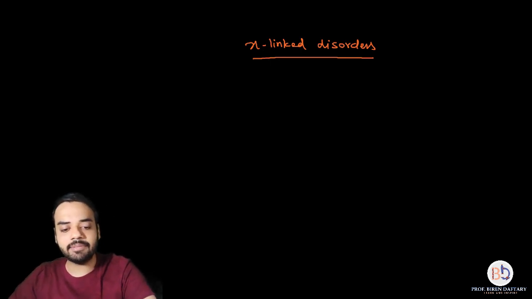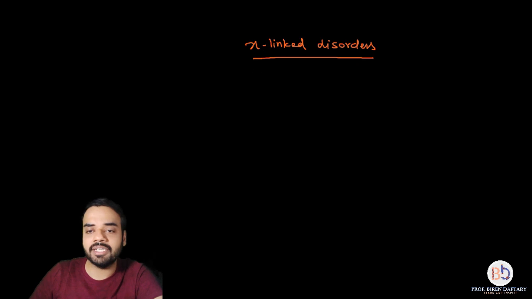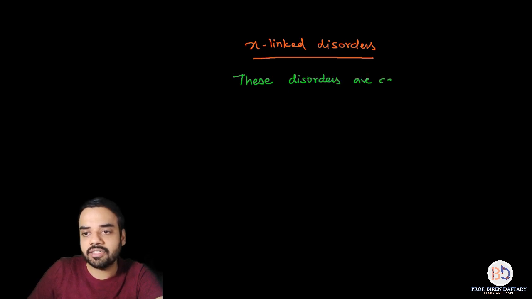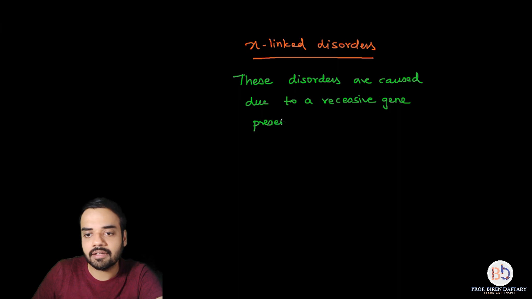So I will write a statement over here. Just see if you can understand the meaning. These X-linked disorders are caused due to a recessive gene present on the X chromosome.